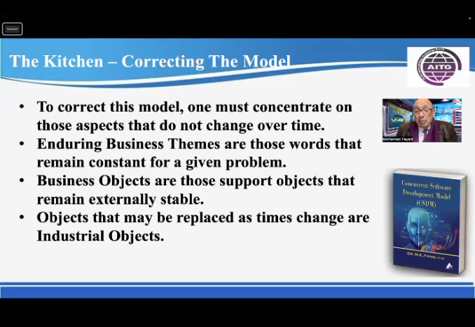Objects that may be replaced as time changes, we call industrial objects. And we have 3 layers here. EBTs, one layer, connect to BOs, which are the horses for achieving the EBT. Then we attach this to industrial objects, which are the concepts.